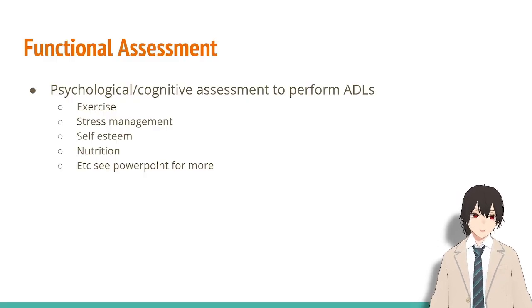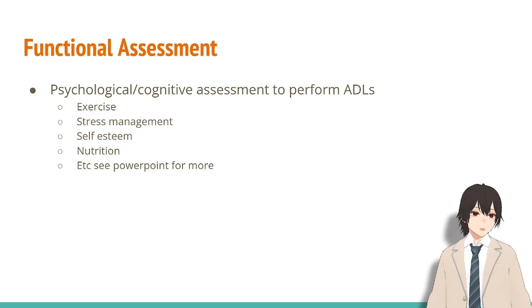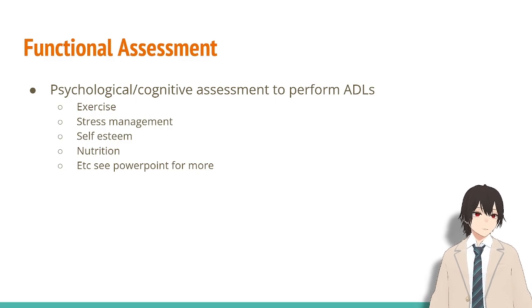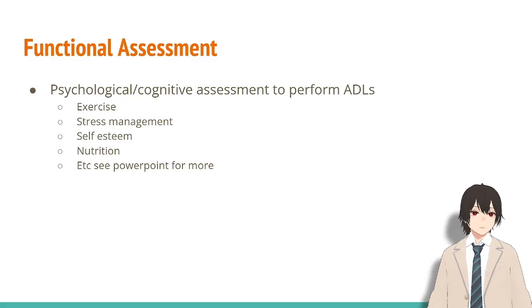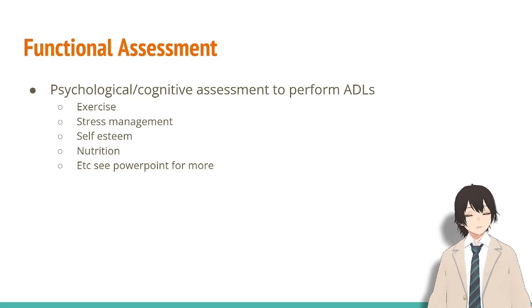Do they have any residual weakness? If they have depression, are they too tired or too depressed to even get out of bed to wash themselves, brush their teeth, feed themselves? You need to be aware of all that, because as a nurse, you're the one spending more time with the patient, so you need to bring these concerns up, right?